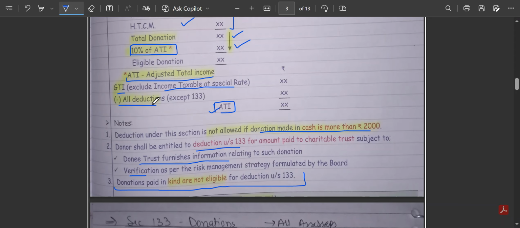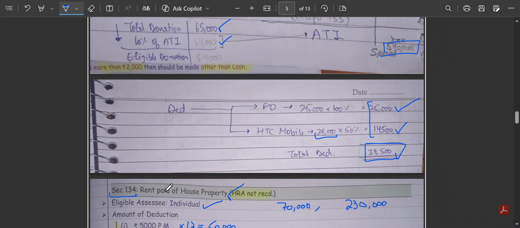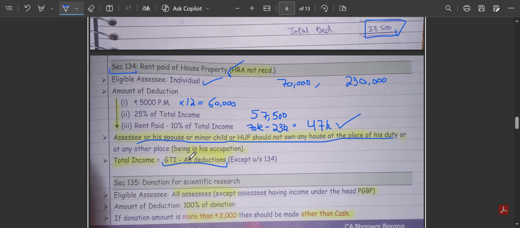So for that we have to reduce deduction under section 134 as well, but we don't have that yet. So we go to section 134, we try to calculate deduction there, but it says again GTI minus all deductions. We again do not have all deductions because we haven't calculated section 133 deduction yet. So this is kind of a tricky situation here, but it has not come in exam ever, so it's not relevant, but it is possible to solve it using simultaneous equations.